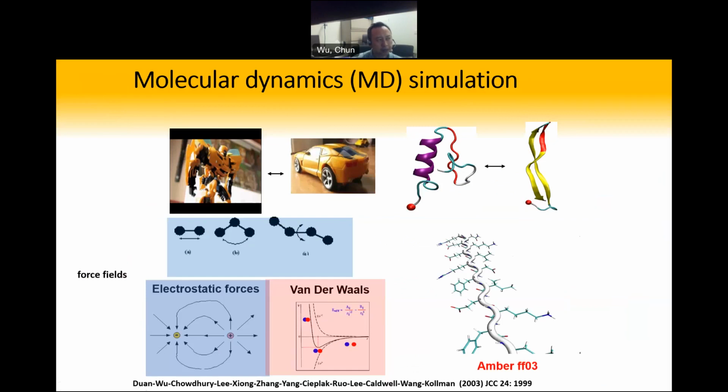Molecular dynamics simulation is another powerful tool. And here, we see the transformer change shape. And we know the underlying physics is the interaction between the different parts of the car, which are described by the Newton equation.